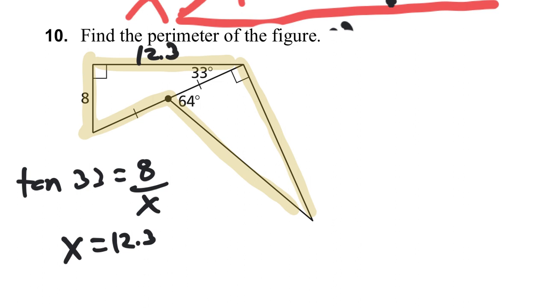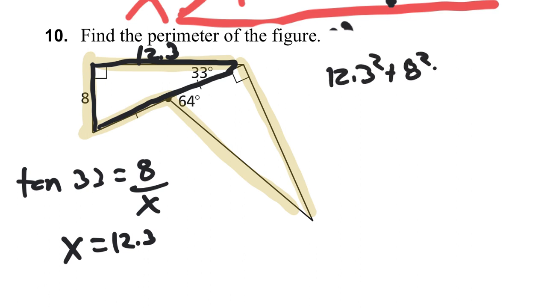Now, where do I go from here? If I trace this larger triangle really quick, I have 2 of the 3 sides. I can find the missing side by saying 12.3 squared plus 8 squared equals my hypotenuse squared. When I solve the Pythagorean theorem, I'm going to take a shortcut here and get that c equals 14.7.